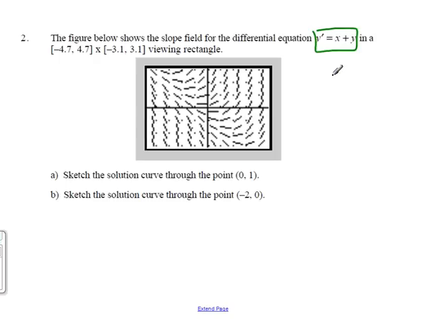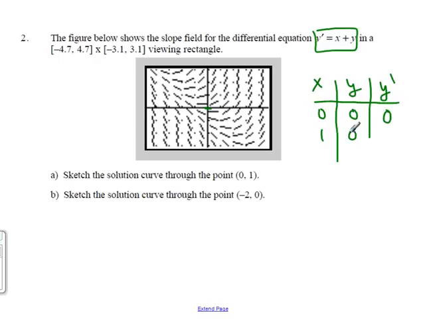Just to be clear on how that happens, if we think about x points and y points and our corresponding derivative, when x equals 0 and y equals 0, our derivative is 0. So we see that there. When x equals 1 and y equals 0, my derivative would be 1, so we see a slope of 1. And when x equals 3, for example, and y equals 2, we've got a slope of 5, and so we see this slope of 5.